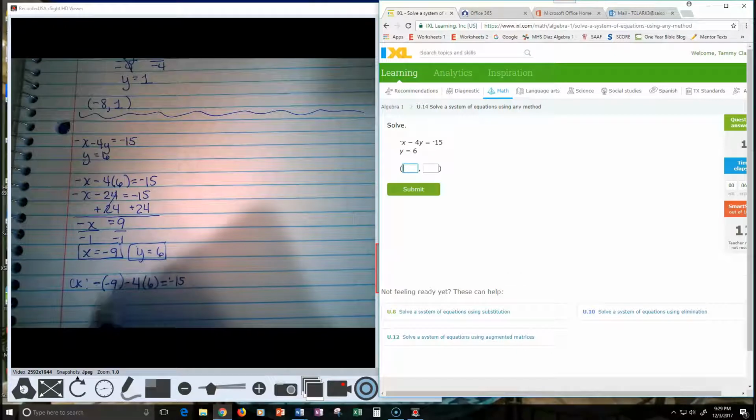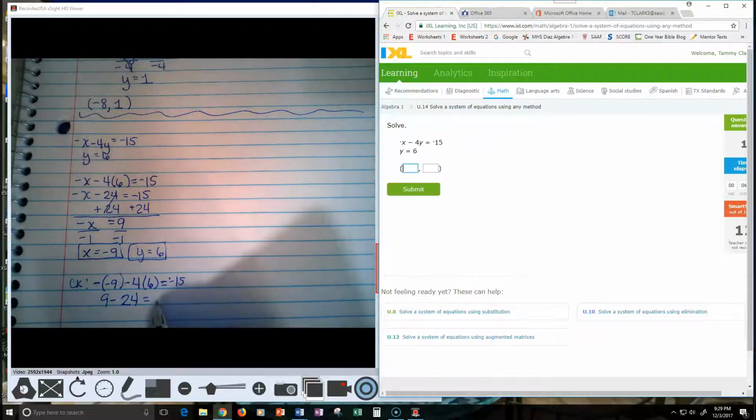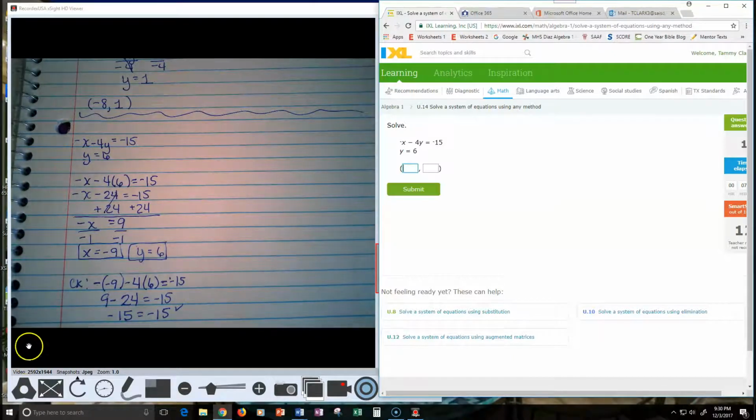So negative 1 times negative 9 is positive 9. Minus 24 is equal to negative 15. Let's see. 24 minus 9 is 15, but 24 has a negative in front of it, and it's larger, so my answer is going to be negative 15. Negative 15, that checks out. We are correct. So our answer here would be negative 9 and positive 6.